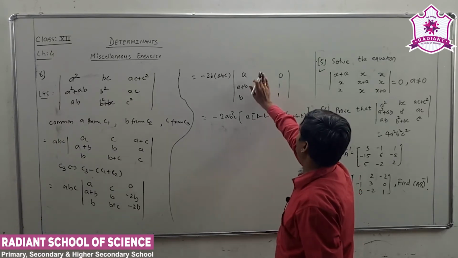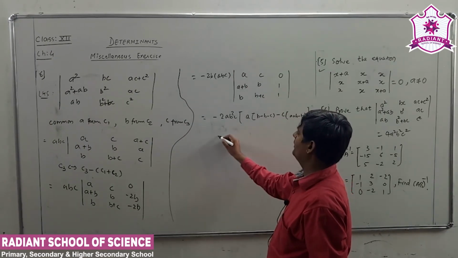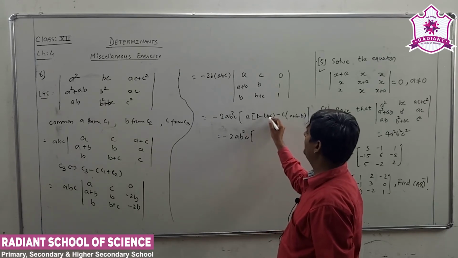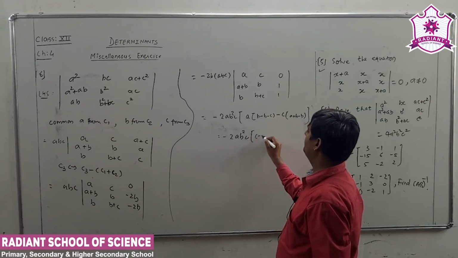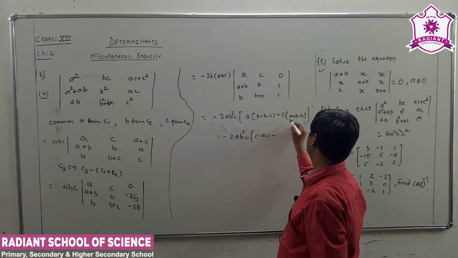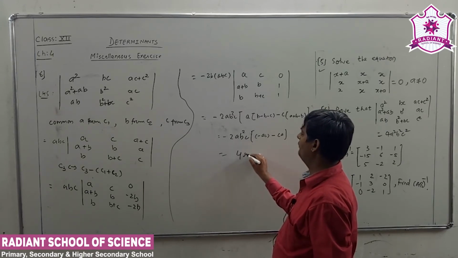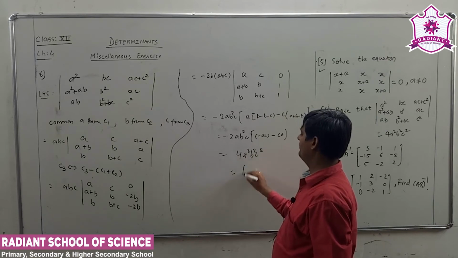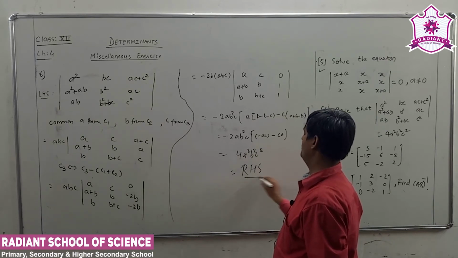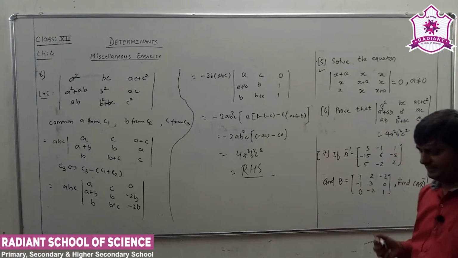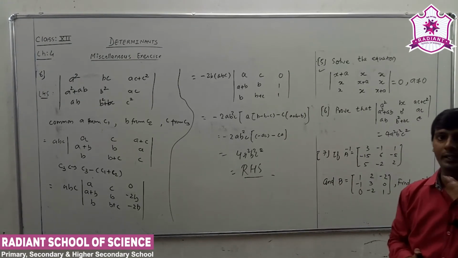Bracket close. Hide this. Okay, so minus B. So minus 2 A B squared C into bracket B cancel. So minus AC, minus, here BB cancel, so minus AC, so minus plus and 2 times, so 2 2s are 4, A square, B square, C square, right, is equal to RHS. So understand, it's very easy to solve this, right?